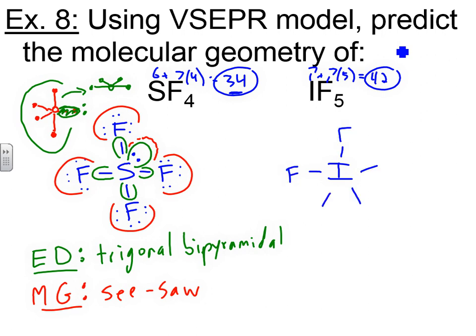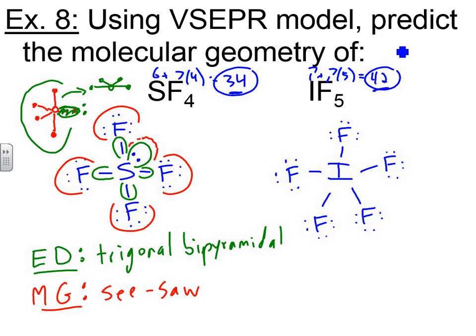We have a total of 42 electrons to distribute. So far we have 5 bonds of 10. Notice that iodine is already beginning with an expanded octet. So we have 10, 12, 14, 16, 18, 20, 22, 24, 26, 28, 30, 32, 34, 36, 38, 40. We have a total of 42, so 2 more go on the iodine.